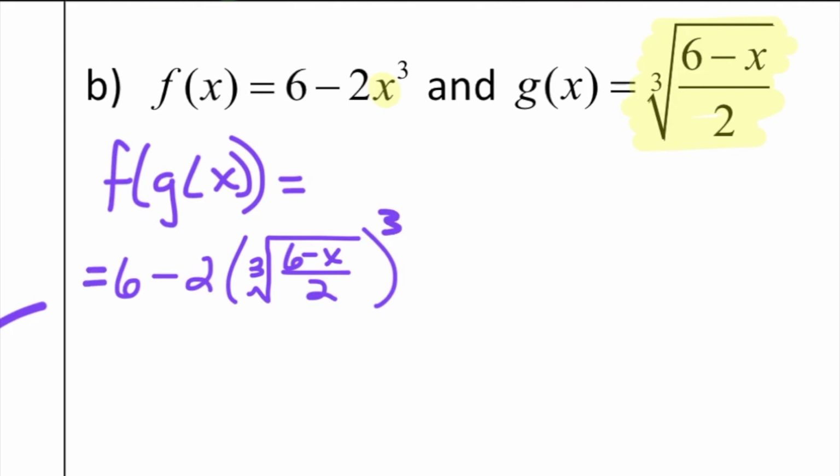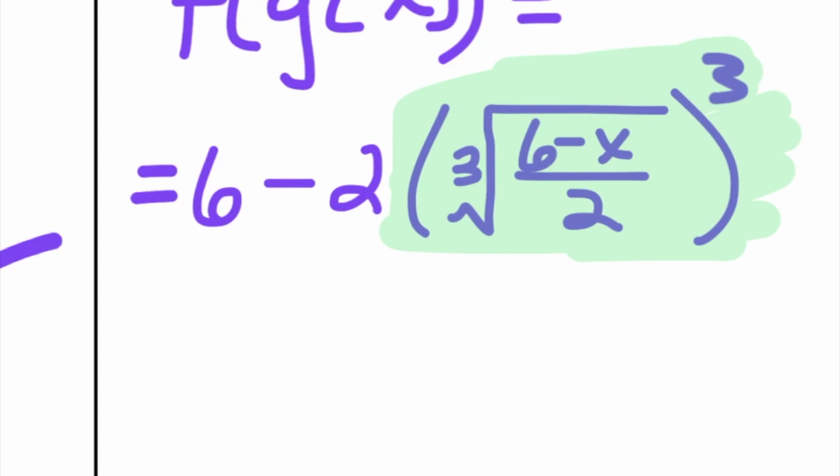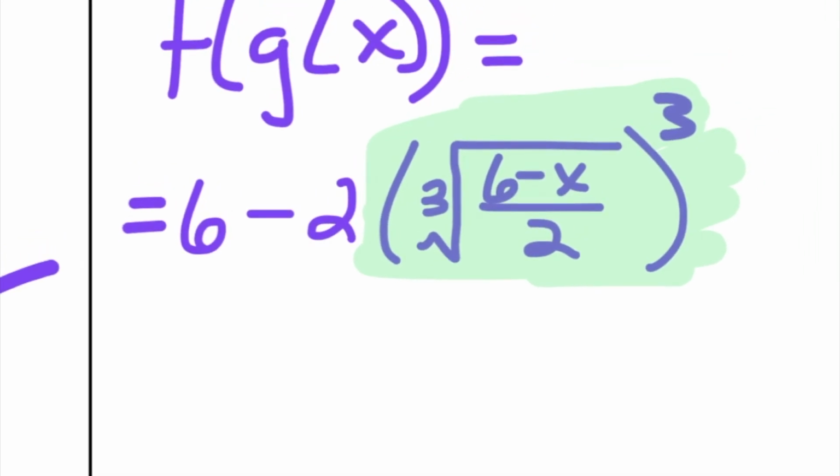Now, when I cube this whole thing here, because it's a cube root cubed, that gives me just what's inside of the parentheses, or the inside of the cube root.